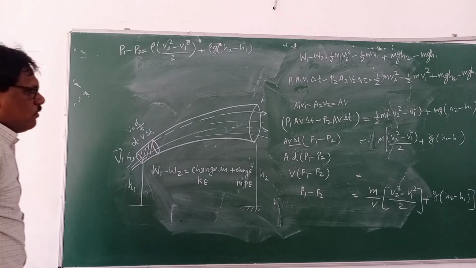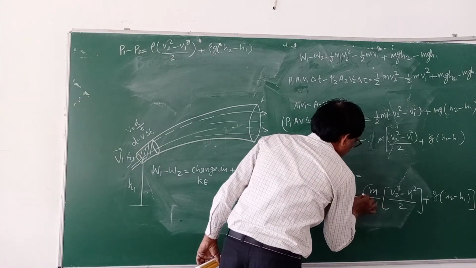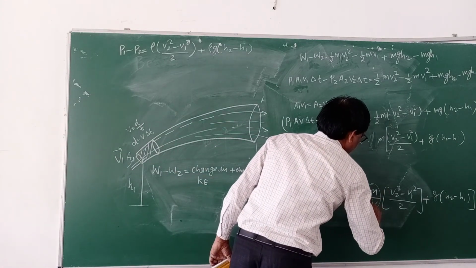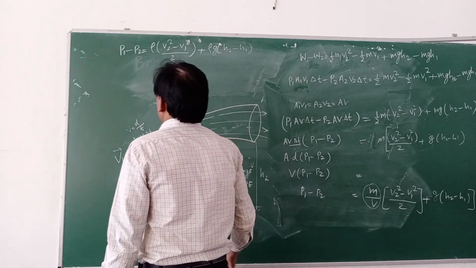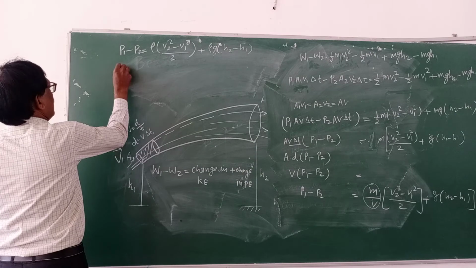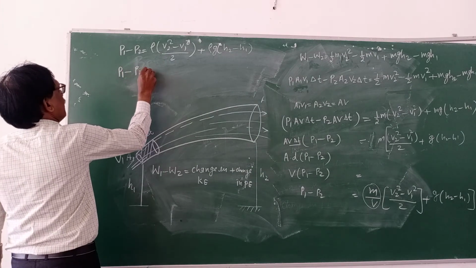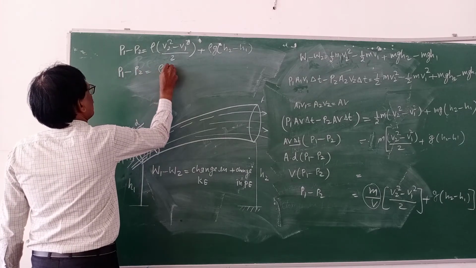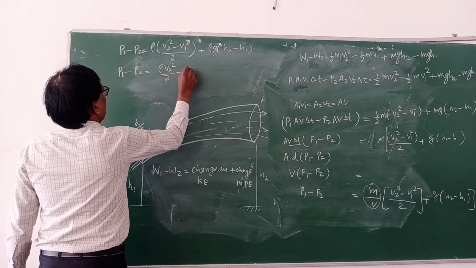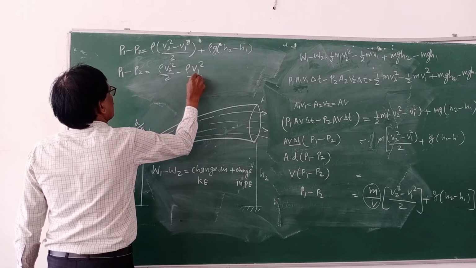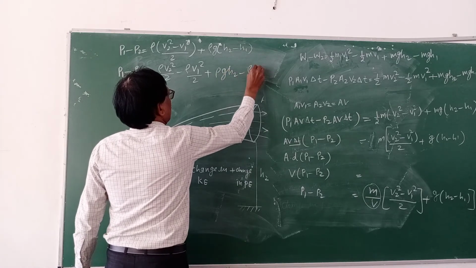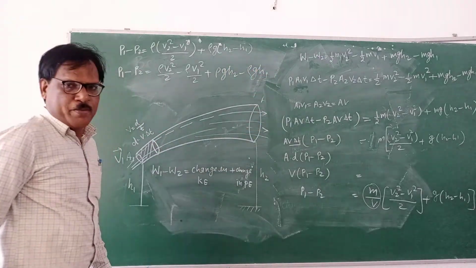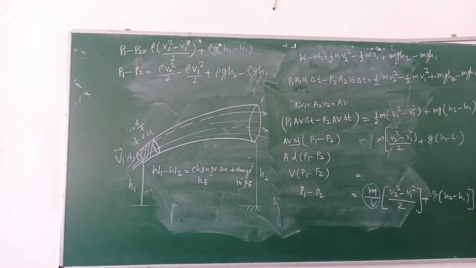Because we have multiplied with rho, this will become rho V2 minus V1 and rho g h2 minus h1. Then P1 minus P2 is rho V2 square by 2 minus rho V1 square by 2 plus rho g h2 minus rho g h1.